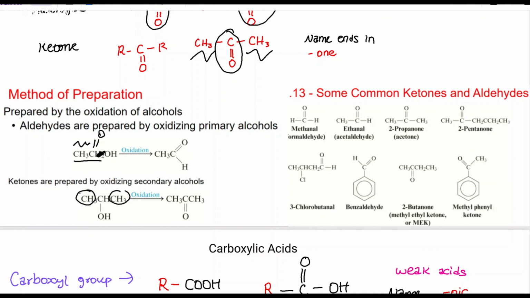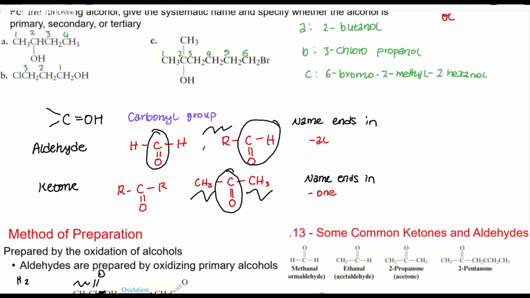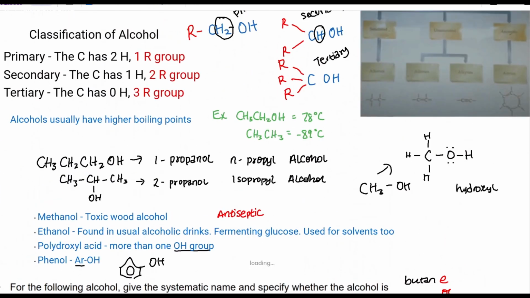So this and this are attached to this one carbon, and then you oxidize it, so add an extra bond to the O, and then get rid of the H, 2 of them actually, like that. That's why ketones don't have an extra H, because you get rid of the 2 H's. And secondary alcohols usually have 1 H, while primary usually has 2. Like I said, all the way up here, 2 H's, 1 H's.